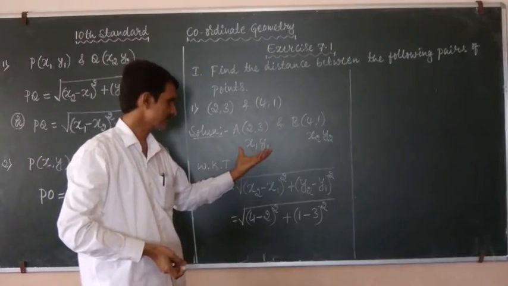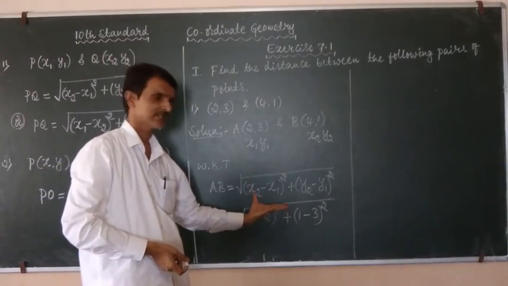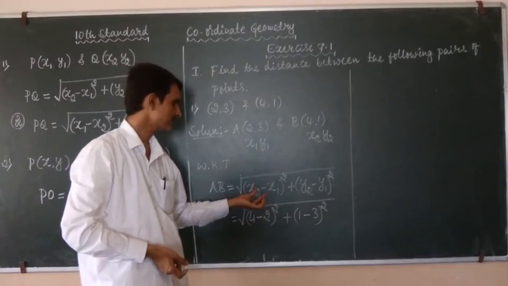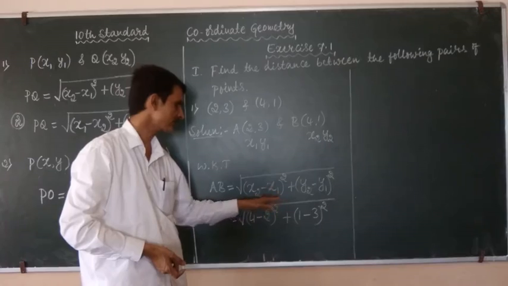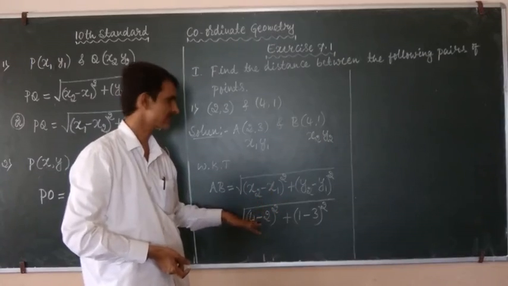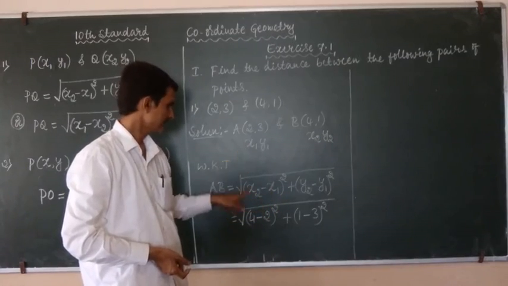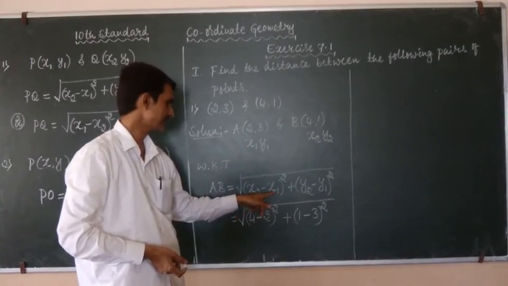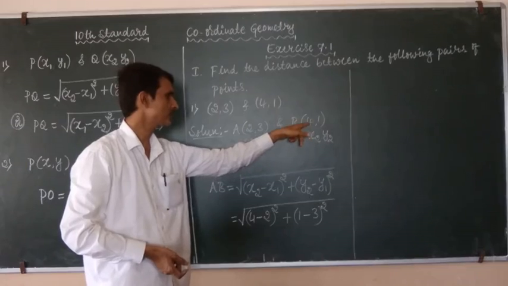Just what have we done? We have substituted the values. Just we are going to substitute the values of x2 and x1 in the formula. In the second step, x2 minus x1, x2 means 4, substitute.